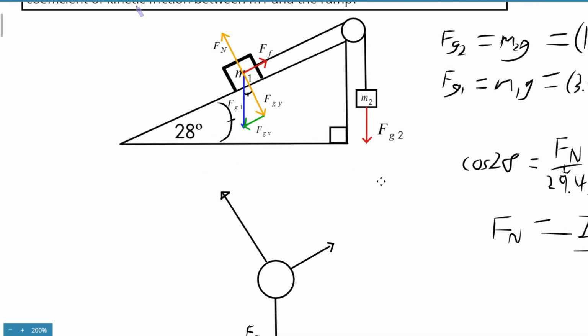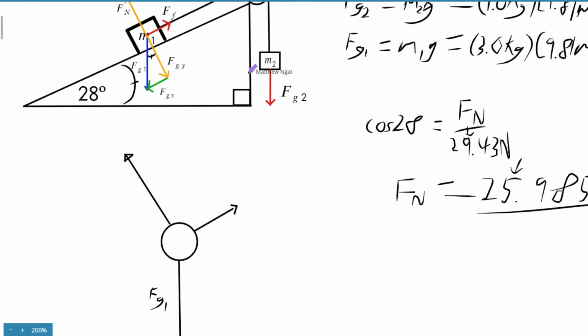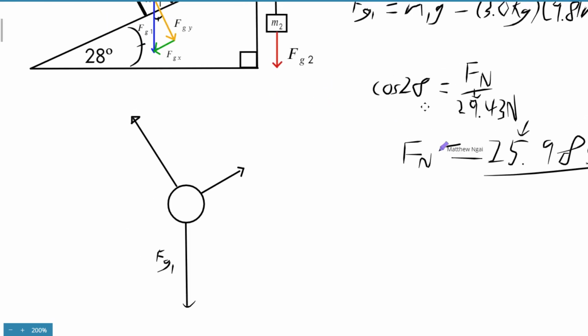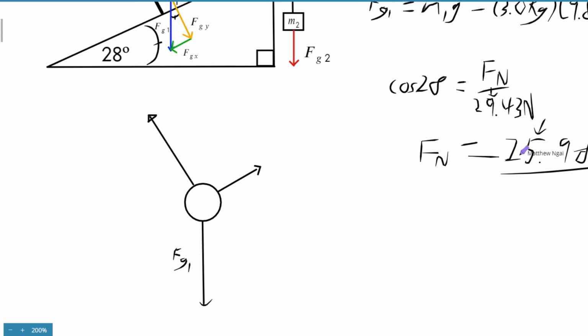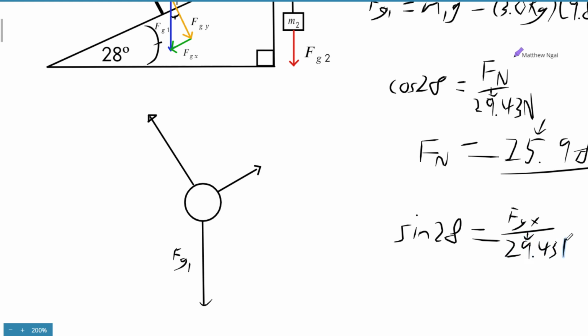Now we find FGX. This one is a lot like finding Fn, except we use the sine function. Sine 28 equals opposite over hypotenuse, because it's sine. So FGX over FG1, which is 29.43 newtons.